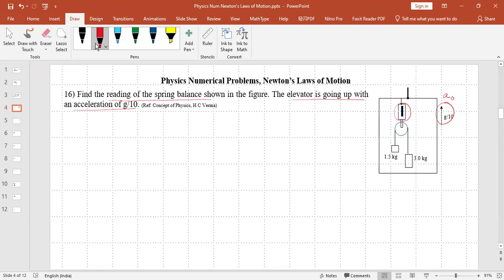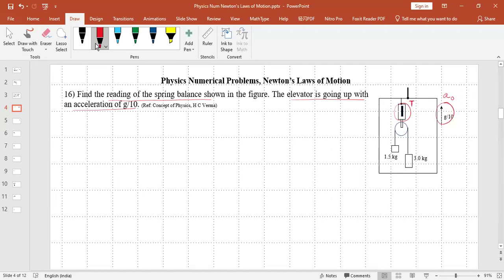Now, the tension here is T. This tension will actually be the weight shown by the spring balance.